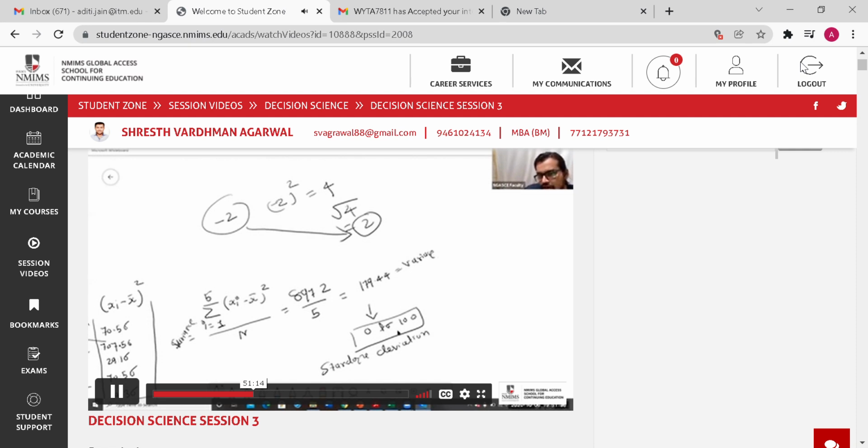Now standard deviation is nothing but the square root of variance. Variance is the squared distance from the mean. So this is a deviation, 13.39 marks of deviation.